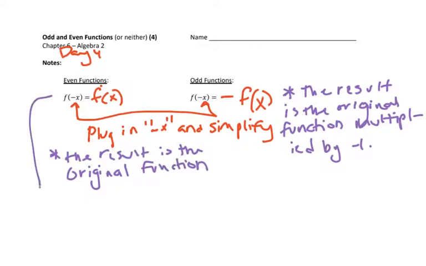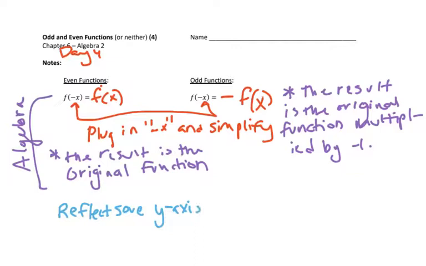And so this is what we would call the algebra options of identifying something as even or odd. Alright, then we have identifying something as even or odd by a graph. So if you see that the graph reflects over the y-axis, you have an even function.